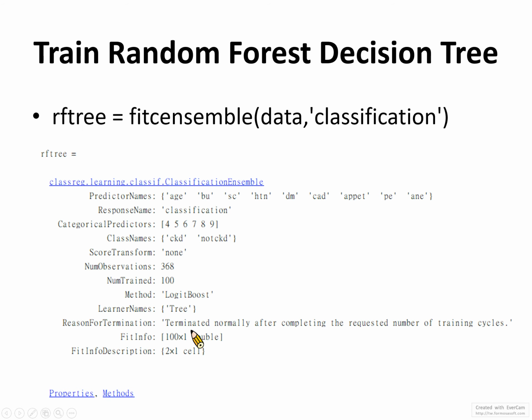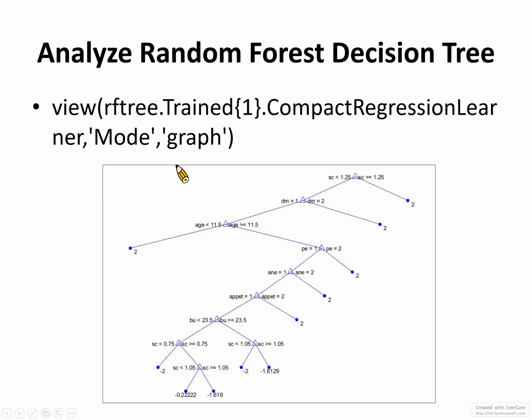Okay, so to visualize this tree, we can still use view RF tree, and then there's a subparameter called the compact regression learner. Then you can visualize this set of trees. You can see that it's still a little bit more complicated than the previous one.